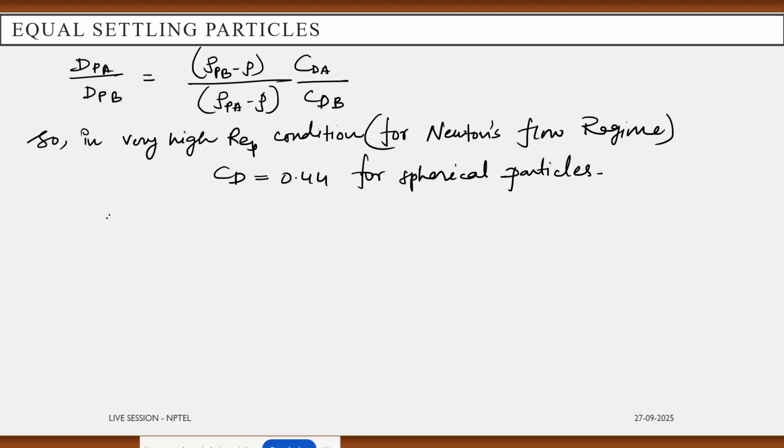So just replacing these two terms, we will get dpA by dpB equals only the ratio of the density differences. So this is the case for the Newton's law regime.